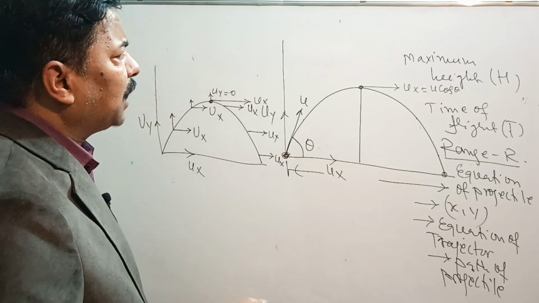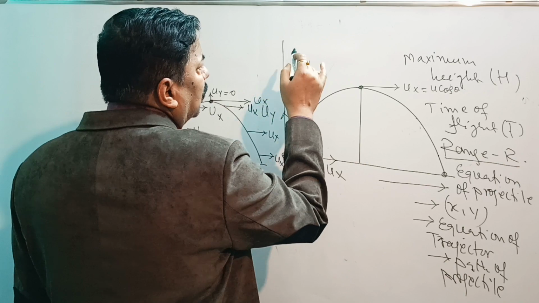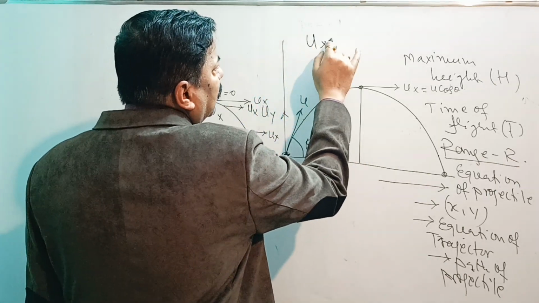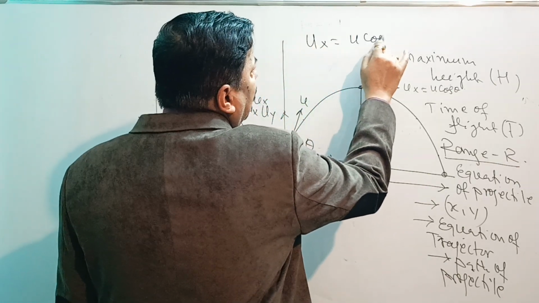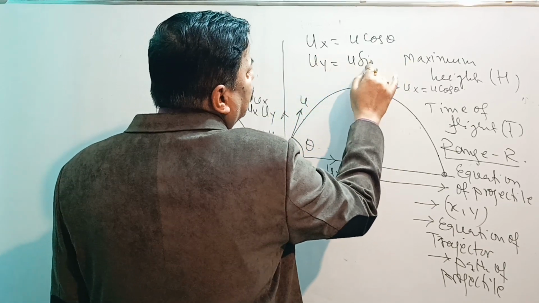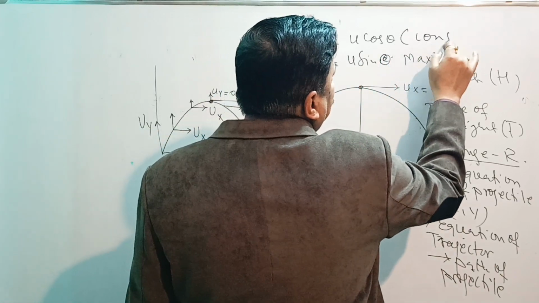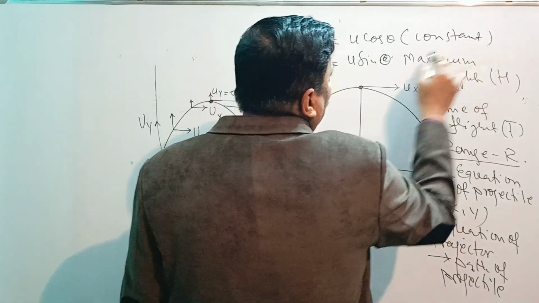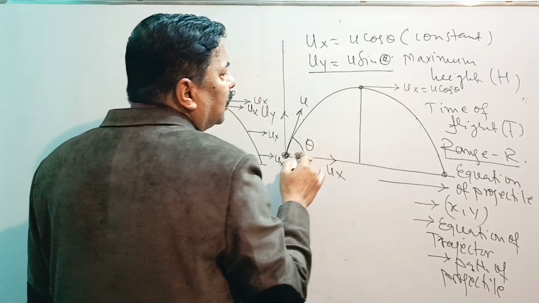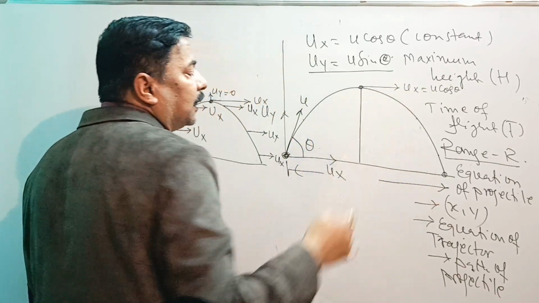So for time of flight, we have ux, u cos theta, uy, u sin theta. This is constant throughout the motion, and this is accelerated. During upward motion it decreases, becomes 0, and then again increases.